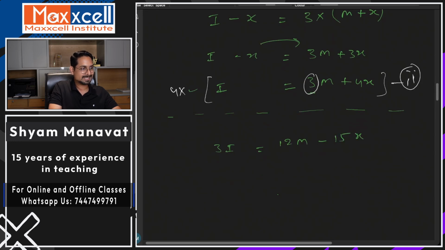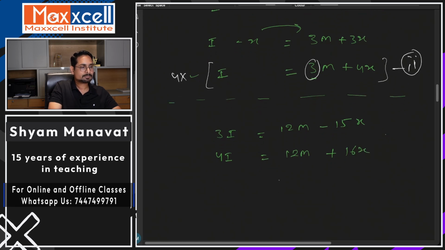Now the second equation will become 4I equal to 12m plus 16x, correct? Now what will I do? Let me call this equation number 3 and this equation number 4.